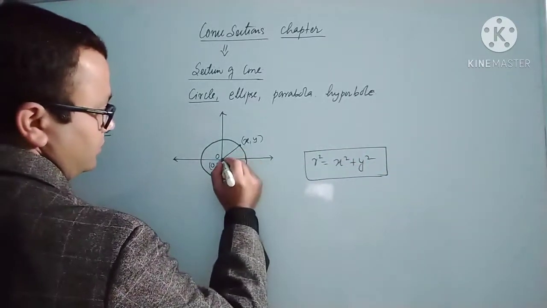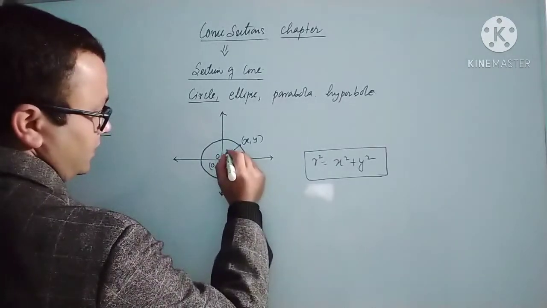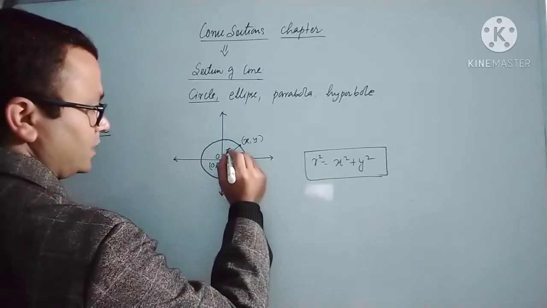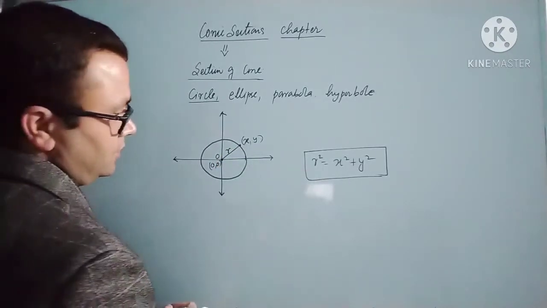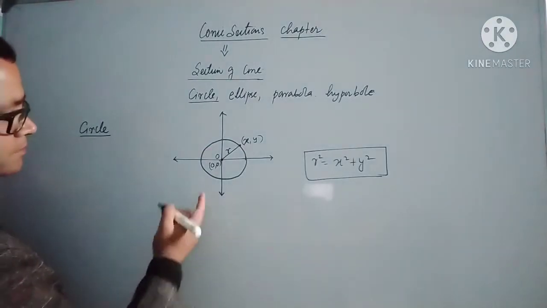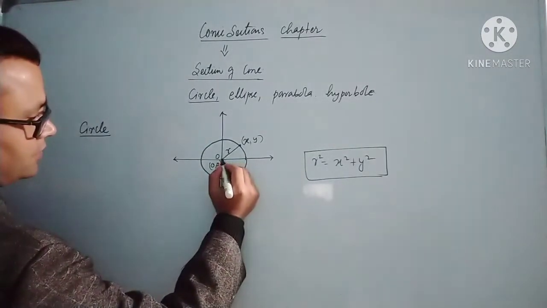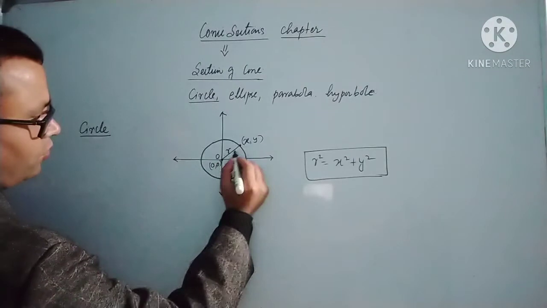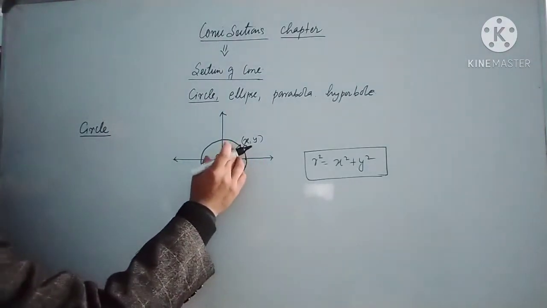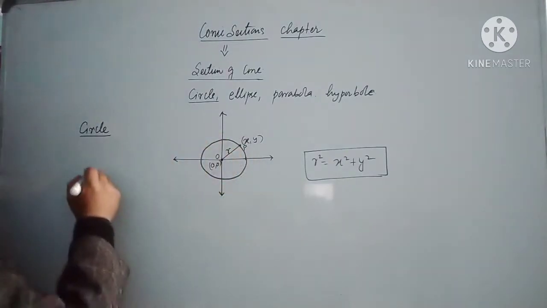Now it is the radius, r. We have to calculate the radius of circle, which is the distance from origin O to P. First we'll calculate the distance OP.